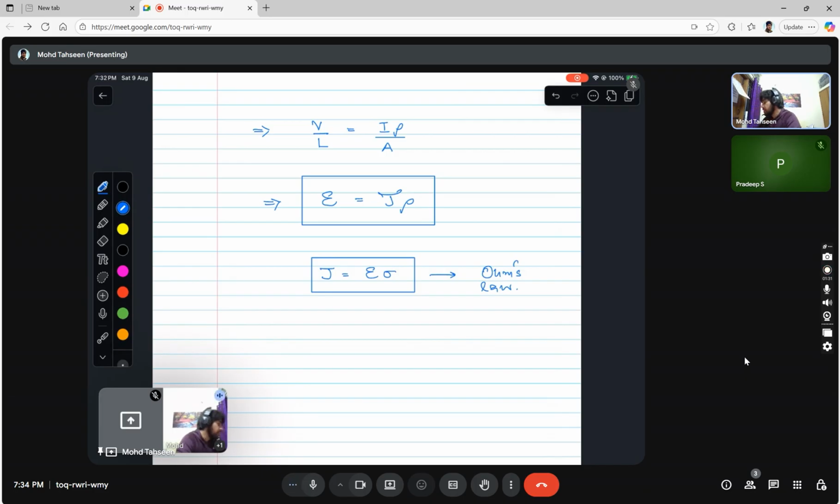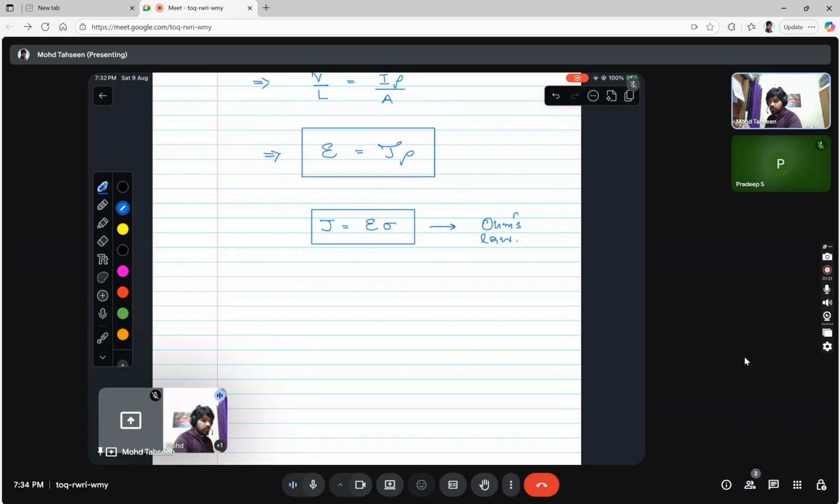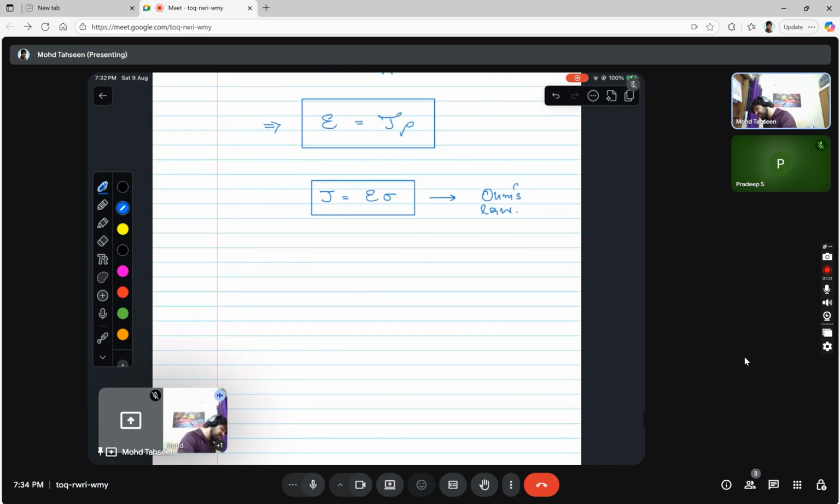So this is again a phenomenological model, right? We are just observing, and based on our observations we write a law which is valid for a wide window of values.